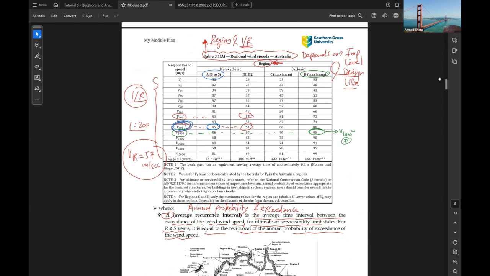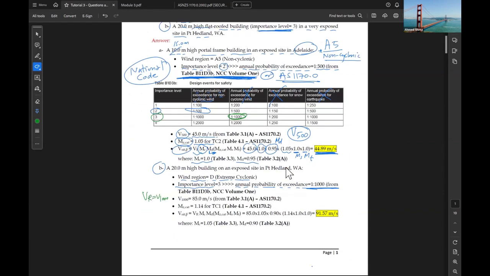V1000 cyclonic D is 85 meter per second. Here it is a very exposed area and no obstruction was mentioned, so it is terrain category 1. So Mzcat for terrain category 1 is 1.14.